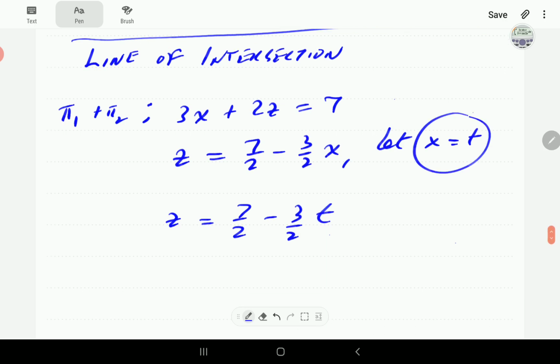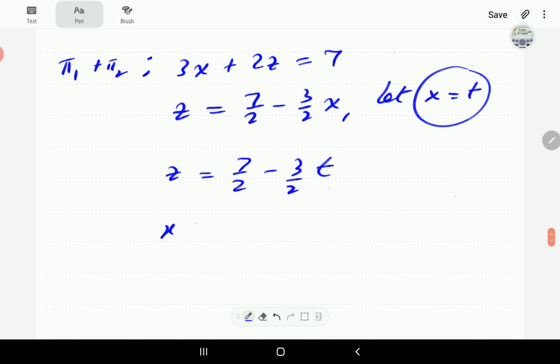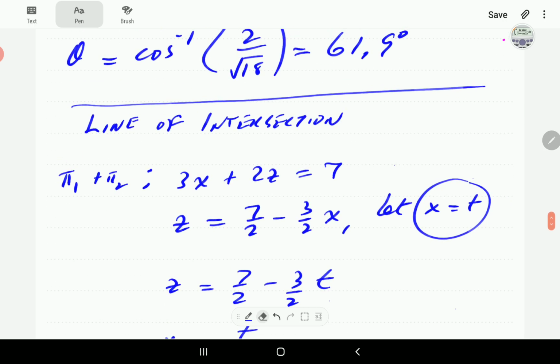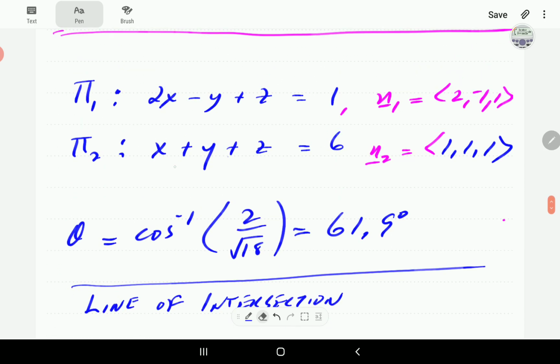And then this actually becomes one of our parametric equations. X is equal to t. Then we need the parametric equation for y. So for that one, we go back to the original equations and make y the subject of the formula. I am going to take the one for pi 2.